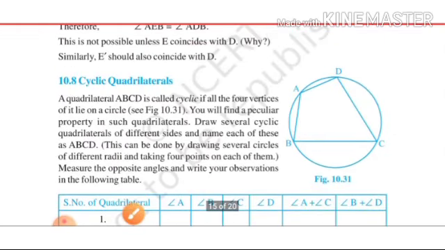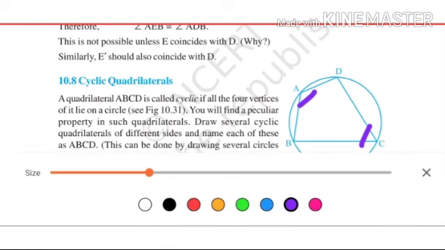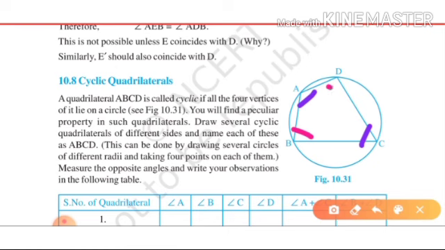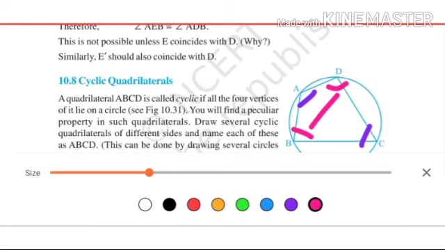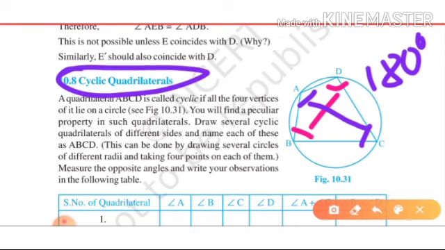What does it mean? The opposite angles are this angle and this angle, and this angle and this angle are opposite, so the sum of these two angles and the sum of these two angles are always supplementary. That means 180 degree. The sum of the opposite angles is 180 degree in case of cyclic quadrilaterals.